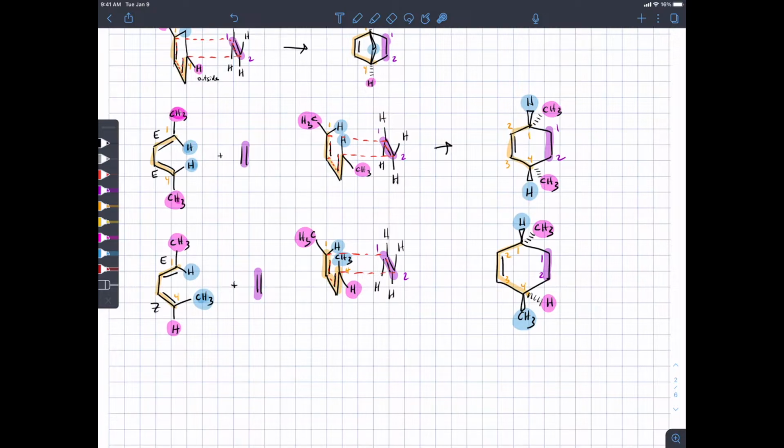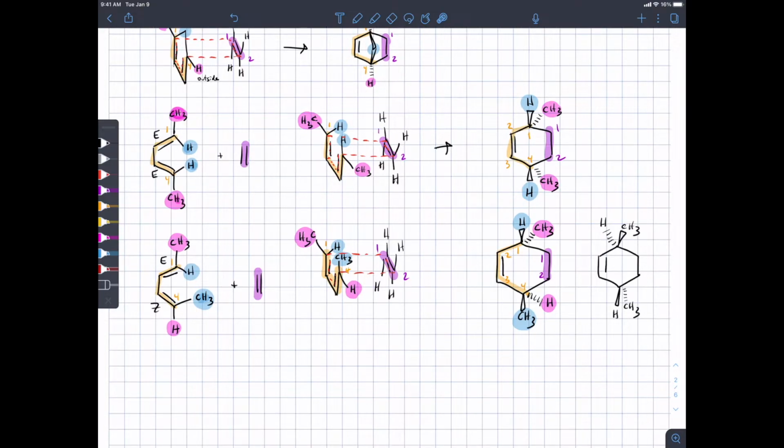Okay, and in this case you would notice that our product was chiral, and so where would we get the other enantiomer? We would simply get that if we had said that the proton on orange carbon 1 was down, whereas the methyl group was up, and then the proton on orange carbon 4 was up, whereas the methyl group was down. And that just happens to be the other enantiomer.